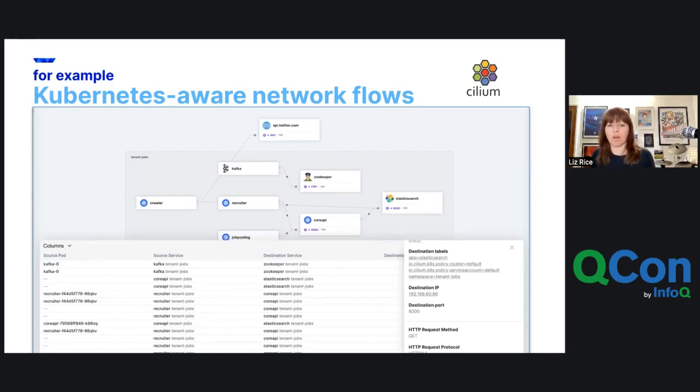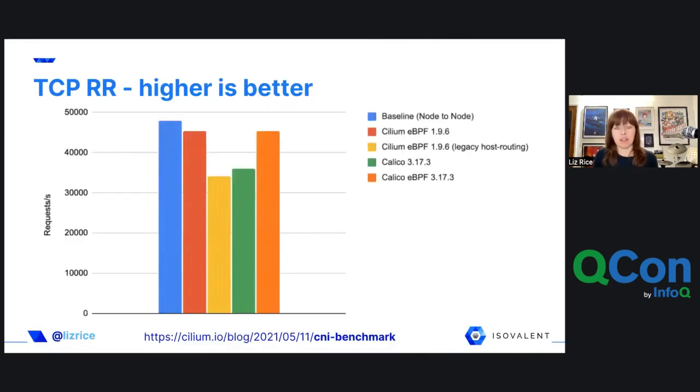In a Kubernetes network, IP addresses change all the time. Pods come and go, and an IP address one minute may mean one thing, and two minutes later it means something completely different. IP addresses are not terribly helpful for understanding the flows within a Kubernetes cluster. But Cilium can map those IP addresses to the correct pod, the correct service at any given point in time, and give you much more readable information.